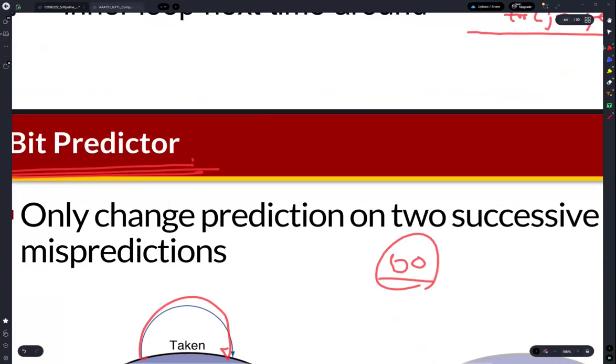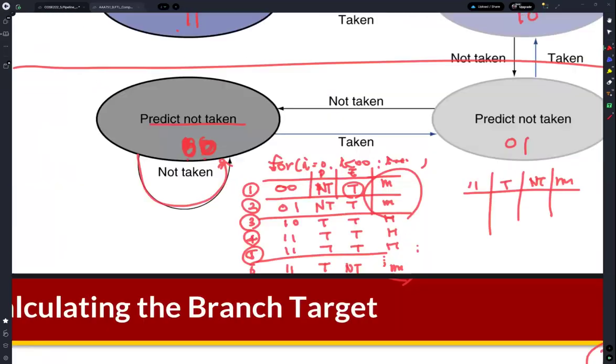And then for the next iteration, it becomes the 1, 0. It's still taken. It's a taken and it's a hit, right?